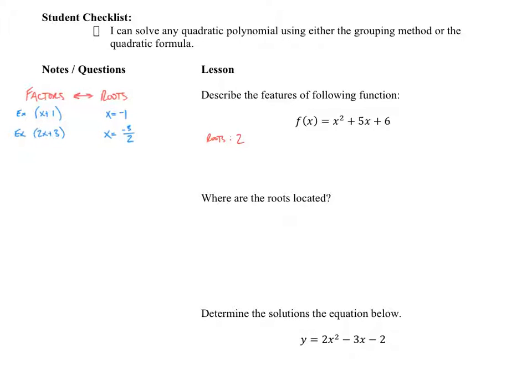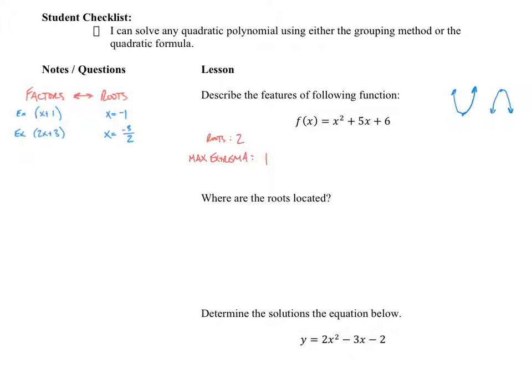Another thing that we know is that its maximum number of extrema, meaning its turning points, would be 1. Remember, parabolas either look like this or they look like this. So they're only going to have one maximum or minimum.